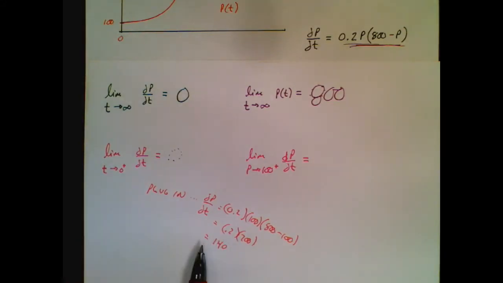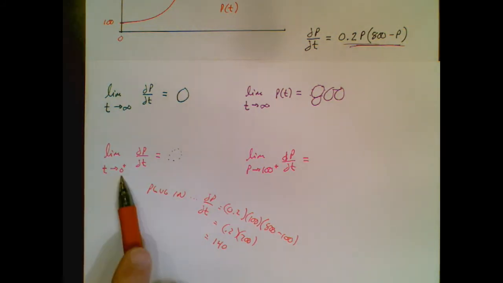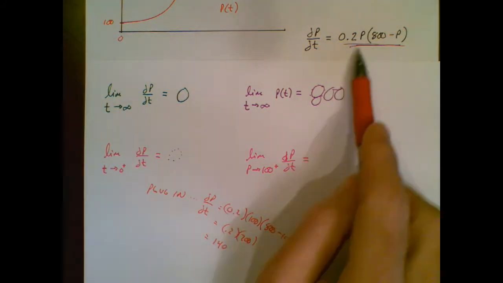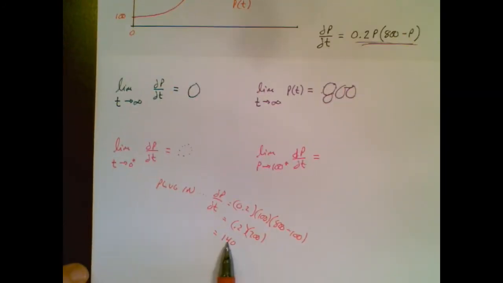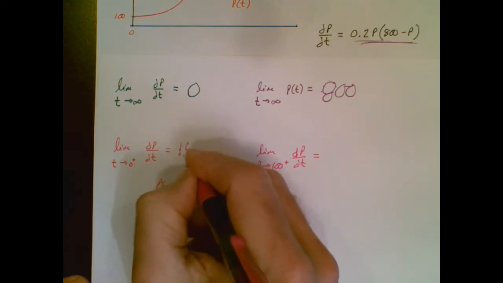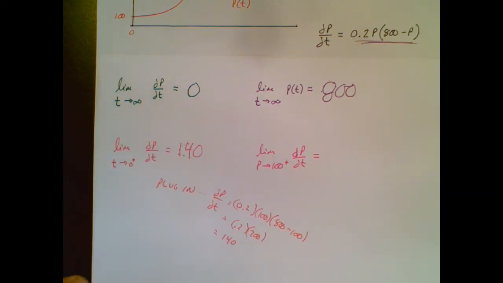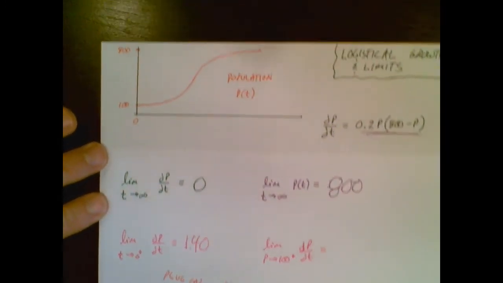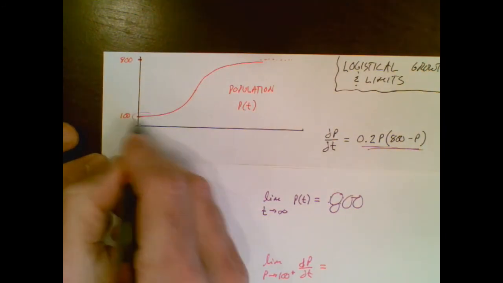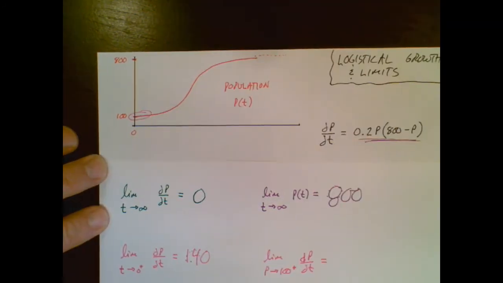So you see my work down below. As t was approaching 0 from the right, my population was approaching 100. And when I plug that in, I get a 140. So my true answer for this problem is 140, which reveals that I really was casual when I made these graphs, because technically speaking, right around there I have a slope of 140.